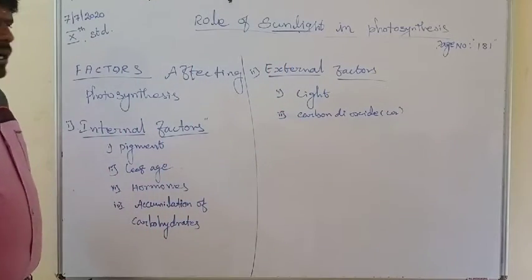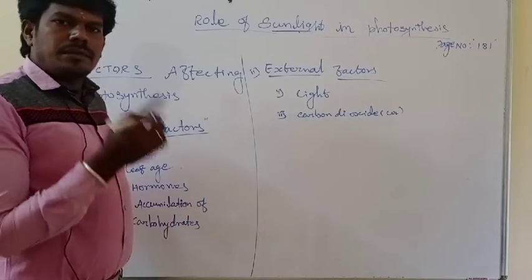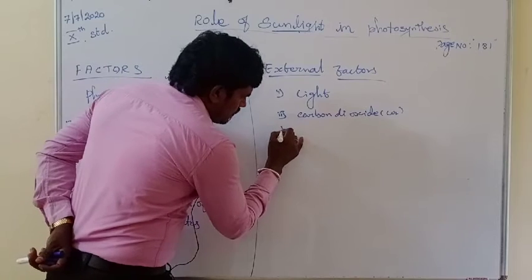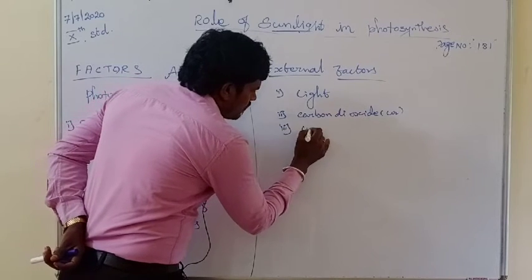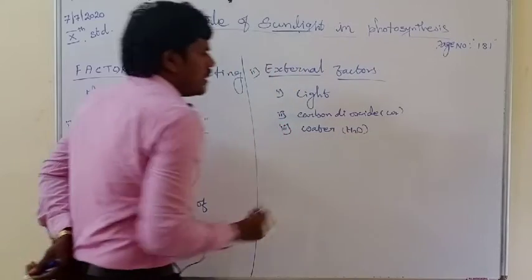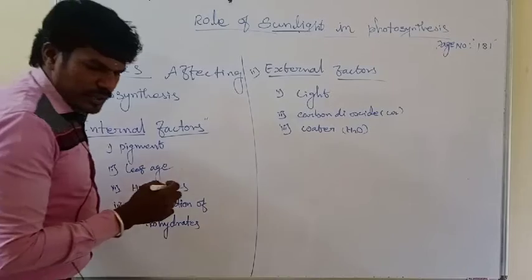Without carbon dioxide photosynthesis is not possible, because during the dark reaction CO2 is reduced first. And the water, that is H2O. If water is absent, photosynthesis is not fulfilled.